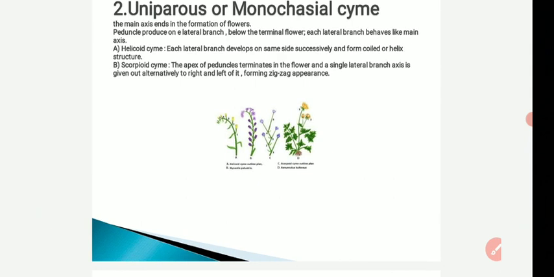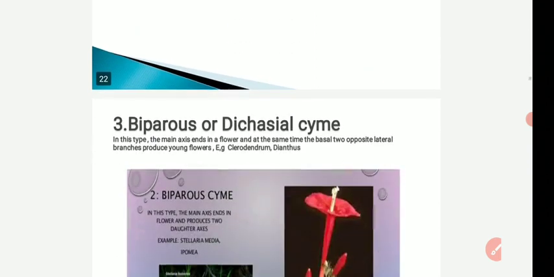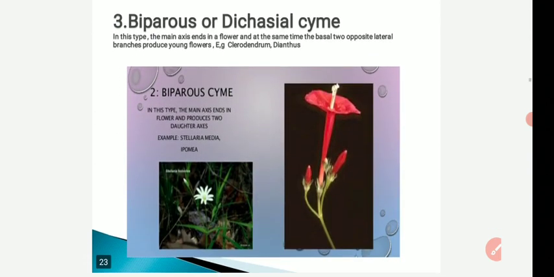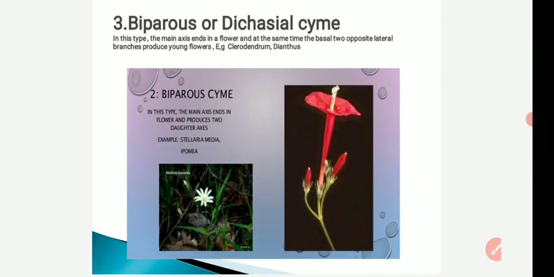Now the next type of cyme inflorescence is called a dichasial cyme, or we can say a biparous type of cyme inflorescence. In this type, the main axis ends in a flower and at the same time the basal two opposite lateral branches produce young flowers. For example, dianthus or clerodendron. Look at the diagram here.